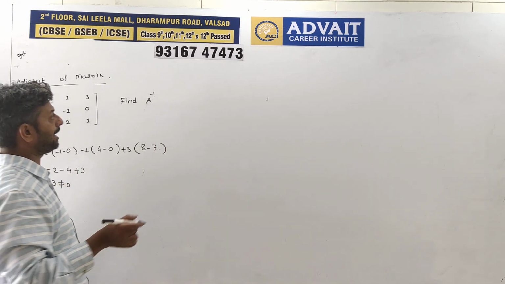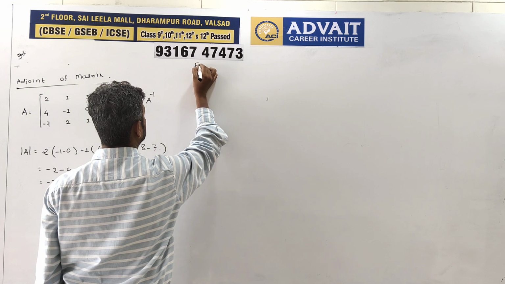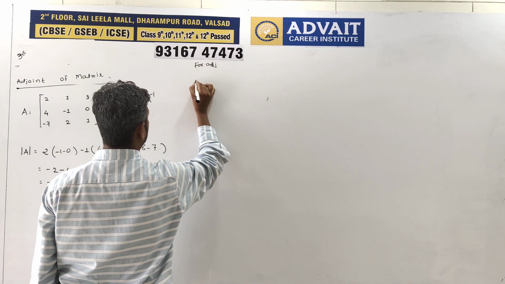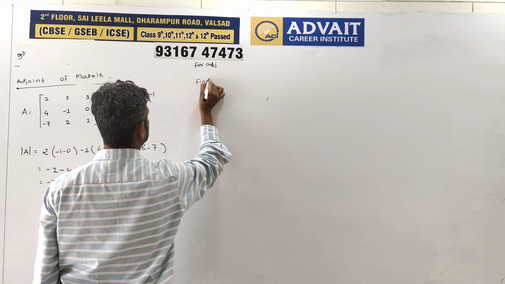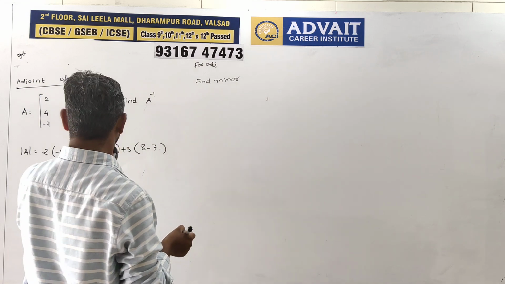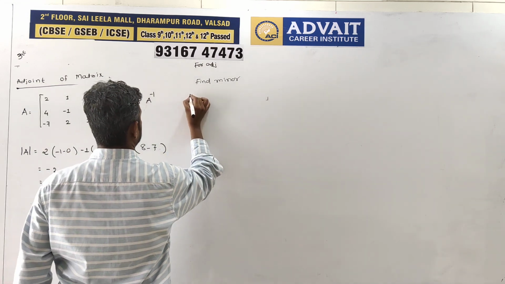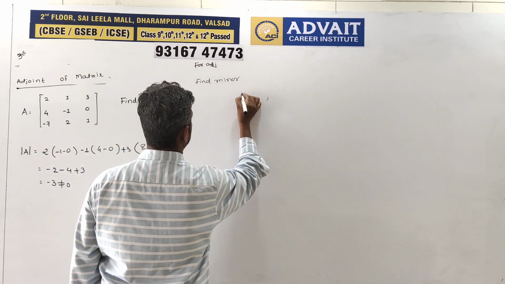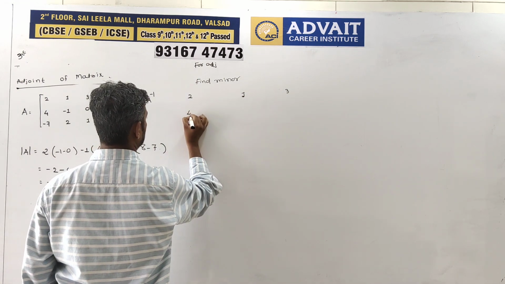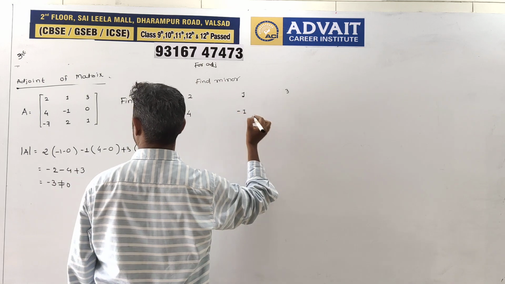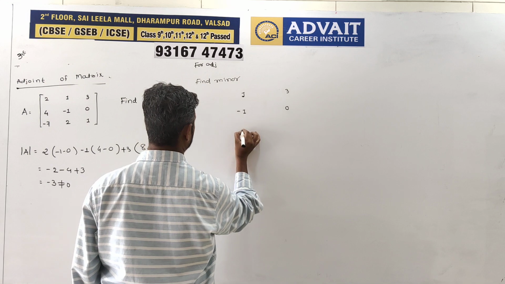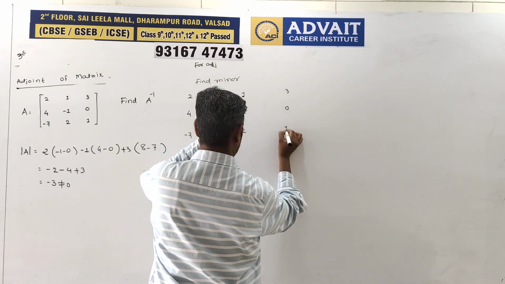Now, for the adjoint, first you are going to find the minor. Okay, now 2, 1, 3, 4, minus 1, 0, minus 7, 2 and 1.